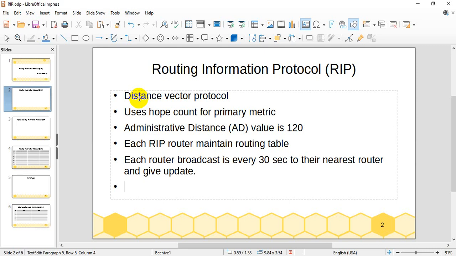It gives the update to the nearest router.